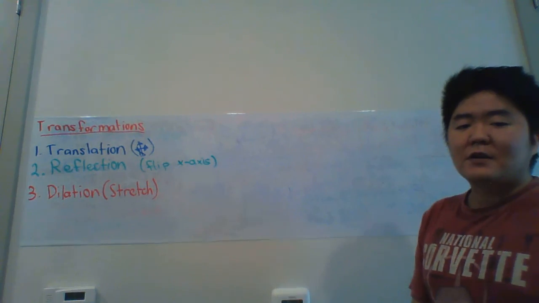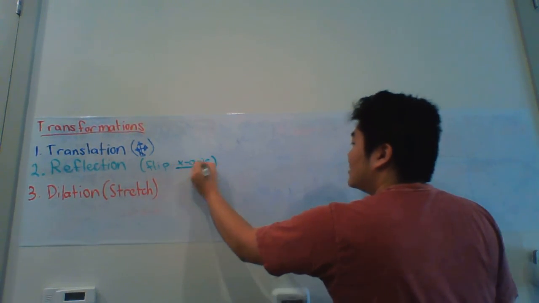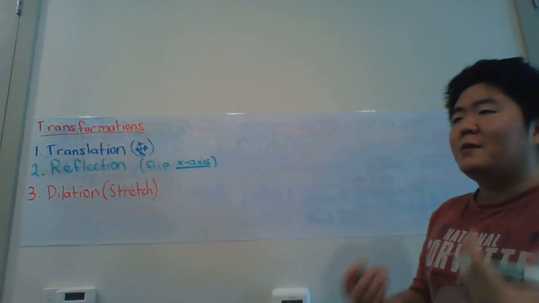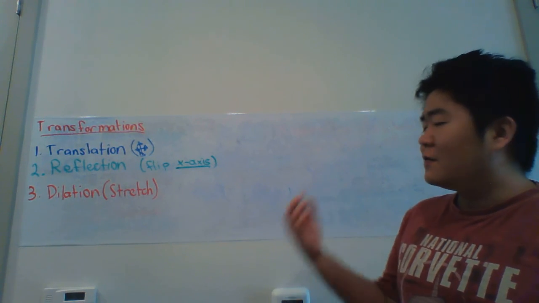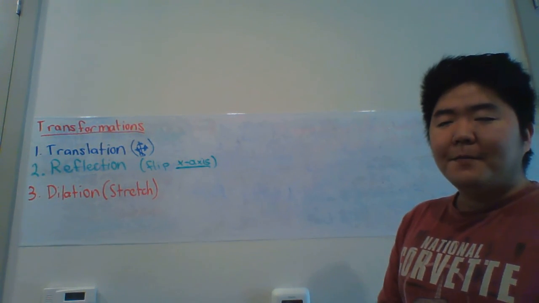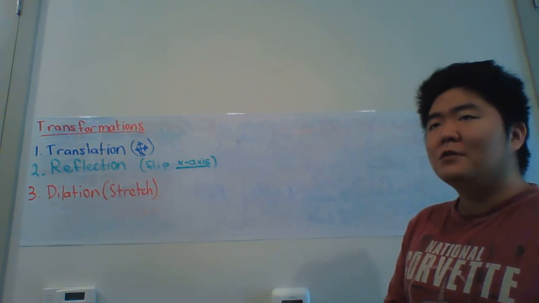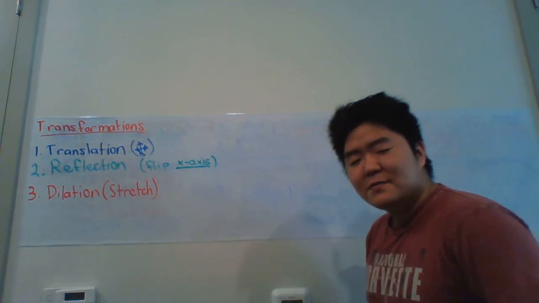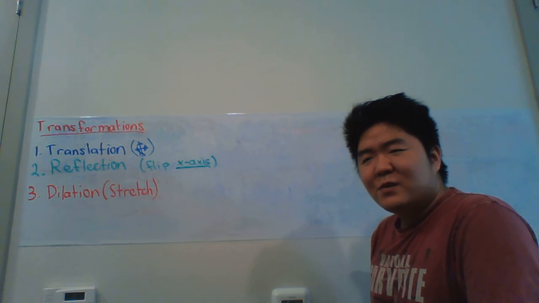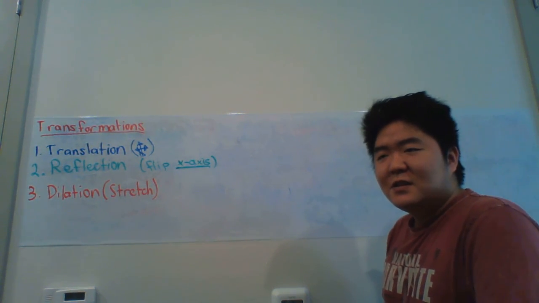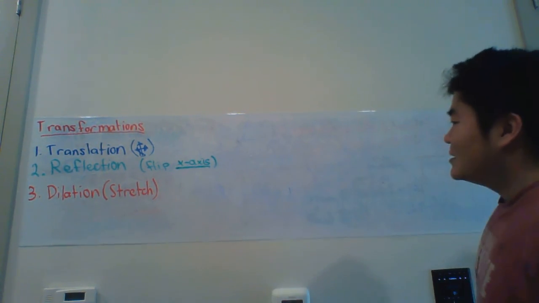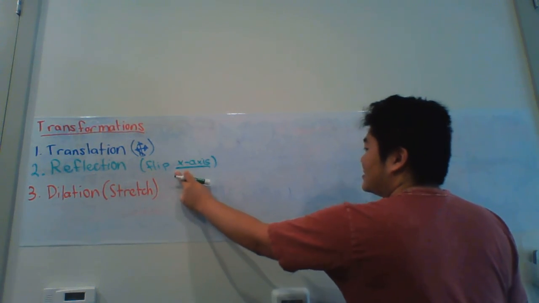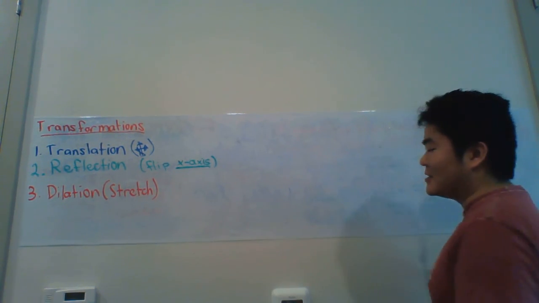It's always over the x-axis. We'll see reflections in geometry where you're flipping over different axes, but we won't see that for Algebra 1. You could. I retract that, sorry. But for our purposes today, we're flipping over the x-axis.